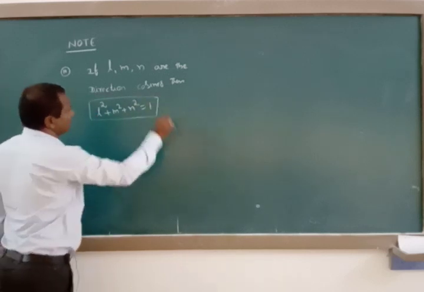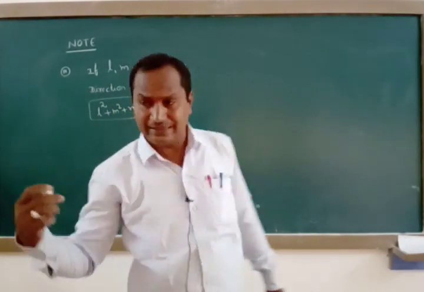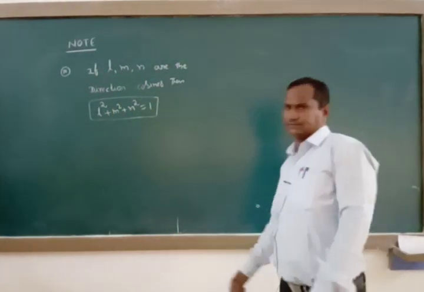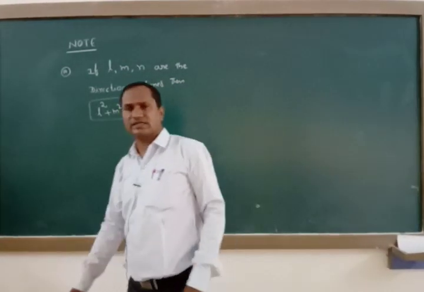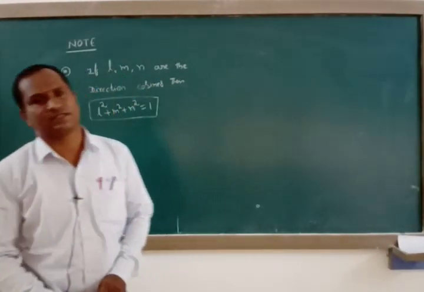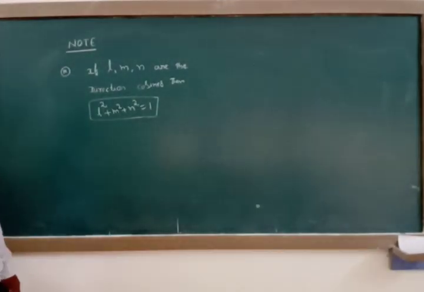Already I told about this condition in vectors also. In words: the sum of squares of direction cosines of any line is always equal to 1. That is l square plus m square plus n square is equal to 1.